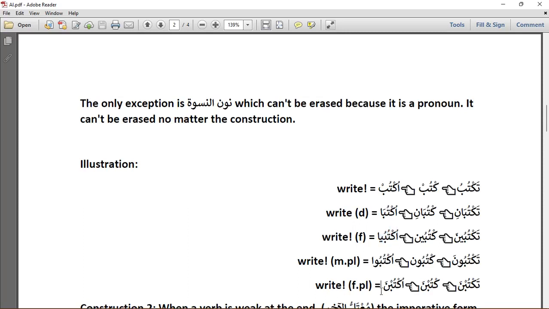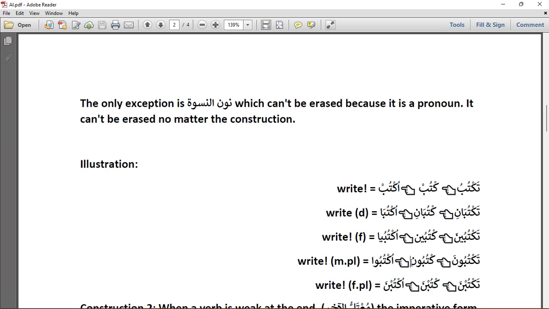So in all the second person verbs that end with nun, we remove the nun while forming amr, except nun niswa, that is the female plural verb. We have to leave the nun niswa because it is a pronoun.